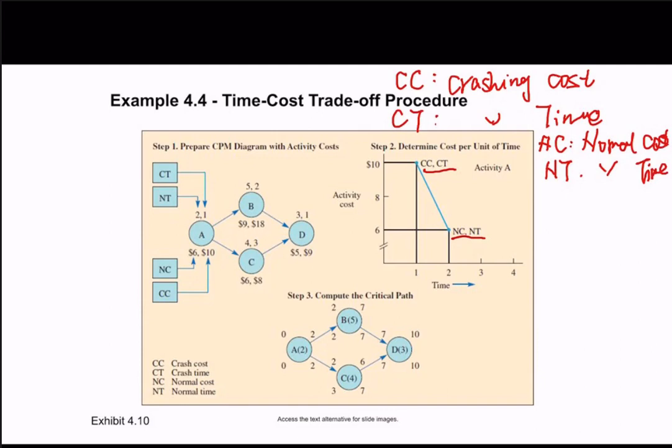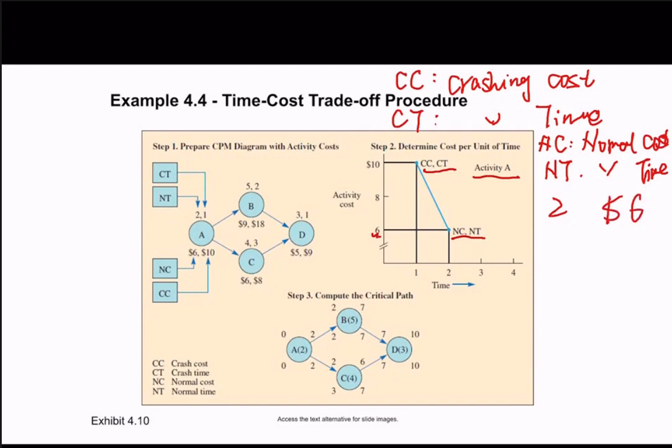So for activity A, how do we determine the cost per unit of time? For activity A, we have a normal time. If we want to complete activity A, we need 2 days, maybe 2 weeks. This is the normal time. And the normal cost for activity A will be 6.